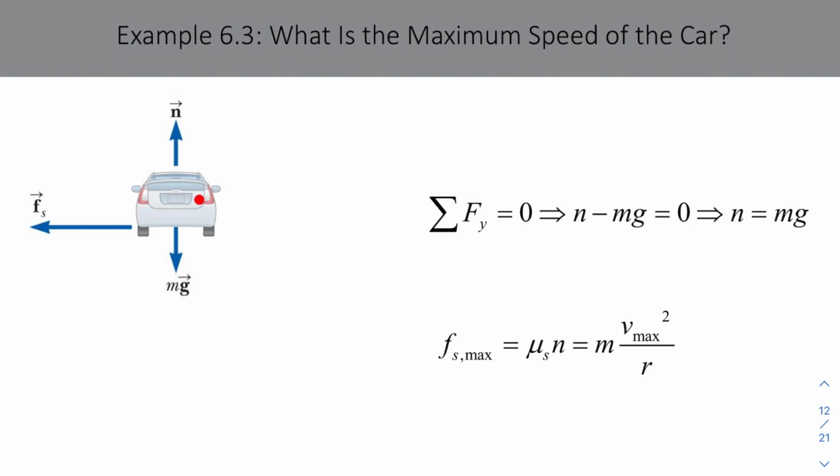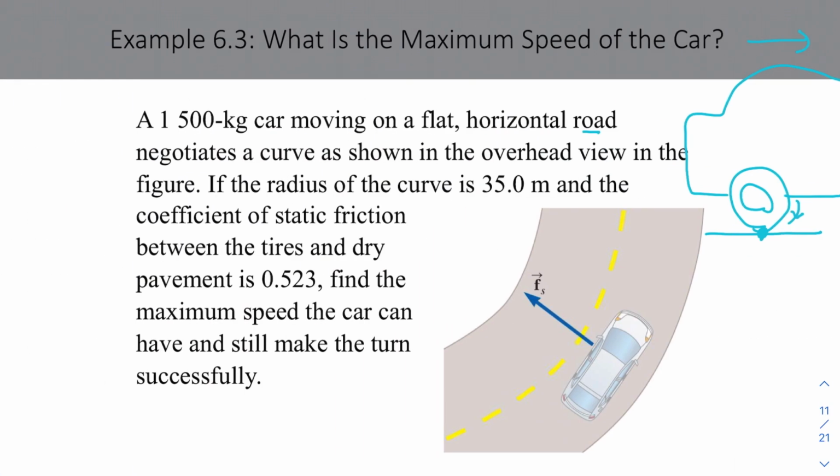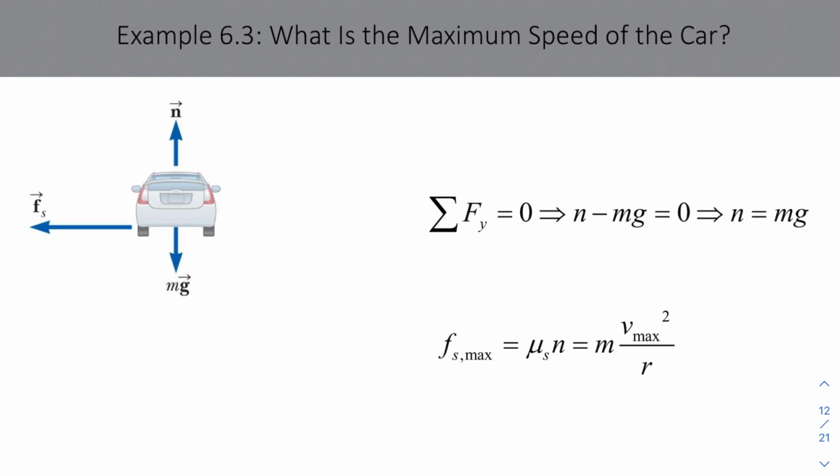Right, so this is the back view of the car. Now we're going to see the normal force and also the weight. Just now, from the top view, we cannot see the normal and the weight, right? So we have normal upward, weight downward, and static frictional force to the left. From here, we are going to do summation of Fy equal to 0.